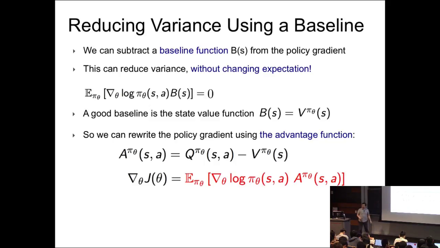And now I can rewrite the policy gradient theorem by replacing this Q function with an advantage function. Right? This is still an equality, precisely because this quantity is 0.